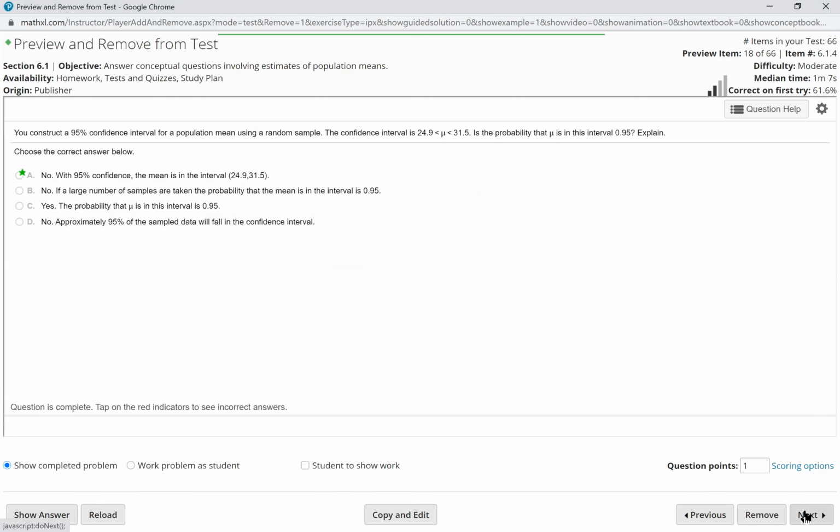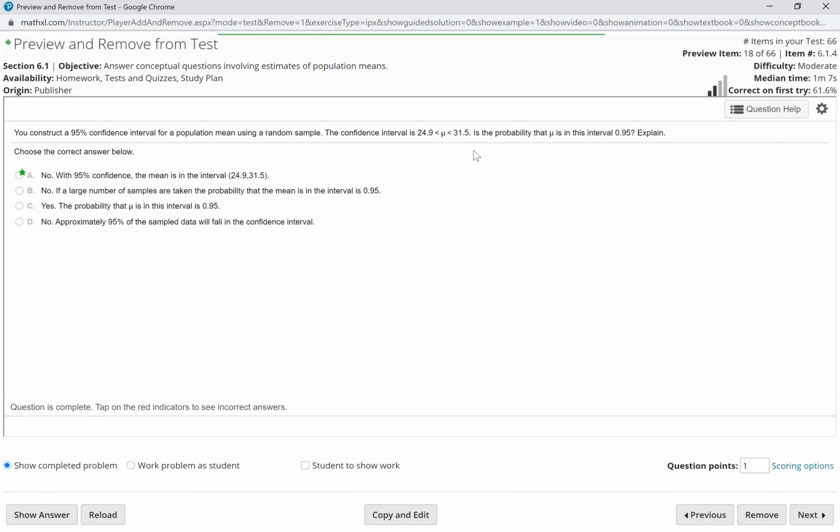Another question, and now I'm in chapter 6. You construct a 95% confidence interval for the population mean using a random sample. The confidence interval is this. Is the probability that mu is in the interval 0.95?